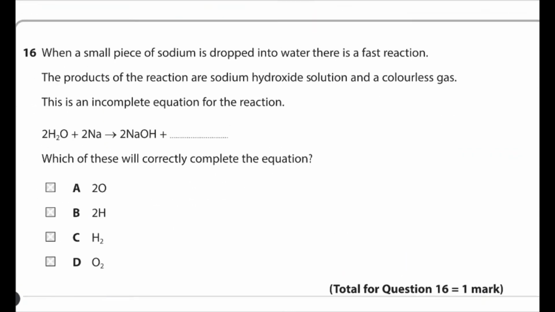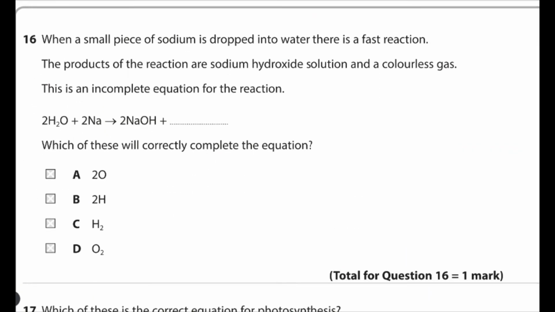Next question. When a small piece of sodium is dropped into water, there is a fast reaction. The products of the reaction are sodium hydroxide solution and a colorless gas. This is an incomplete equation for the reaction. You can see two water molecules react with two sodium atoms and create two sodium hydroxide plus something. We need to write down the missing answer.